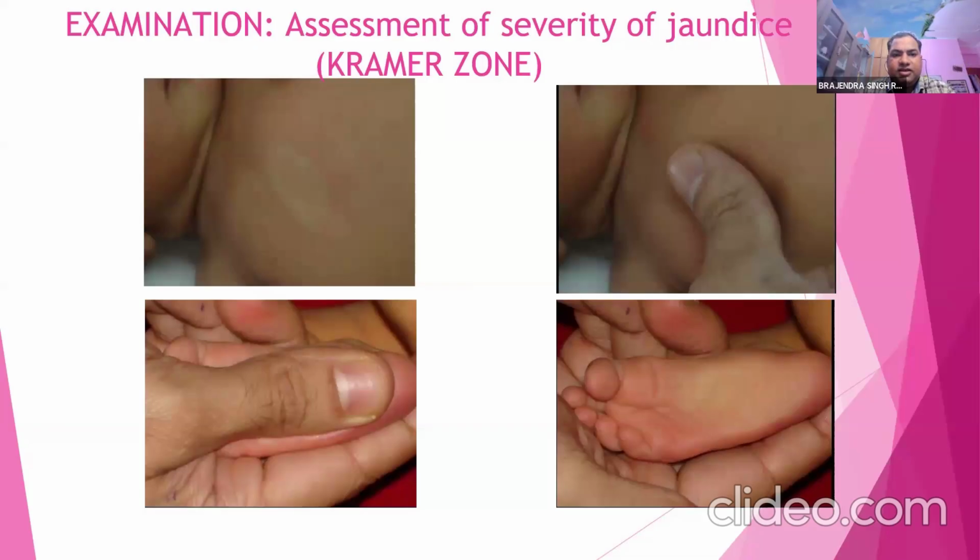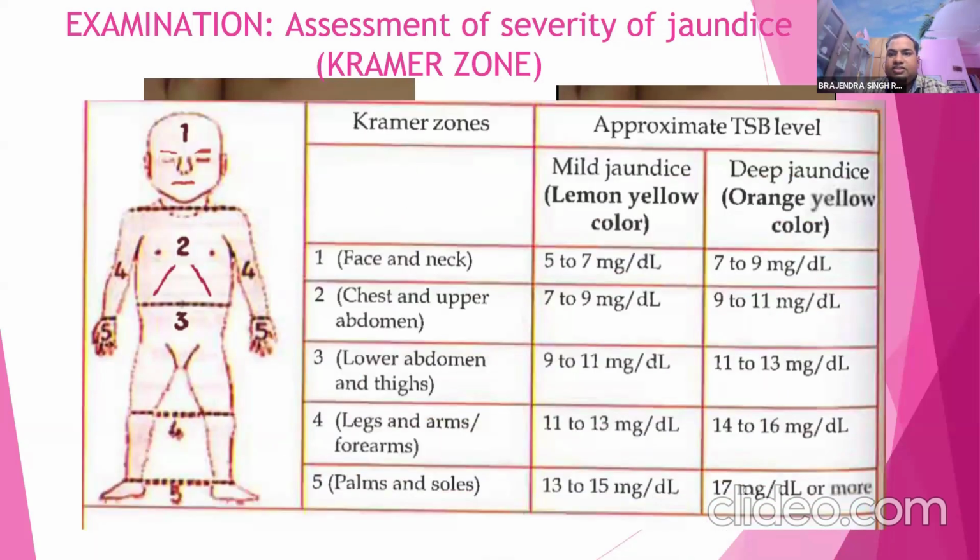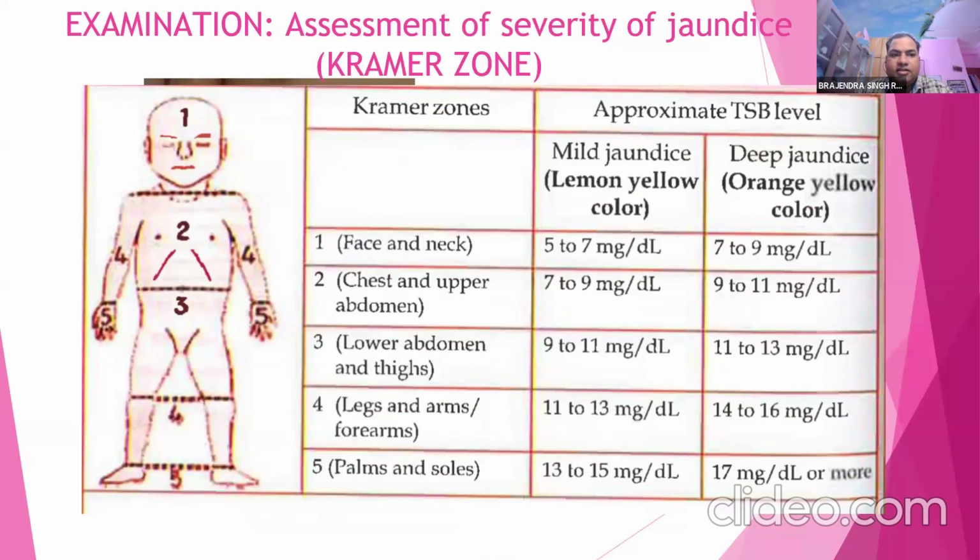We press the skin, look at the capillary refill time, check the yellowness of that area, and correlate with this table, which shows how much yellowness is present and the corresponding approximate cutoff level of total serum bilirubin.